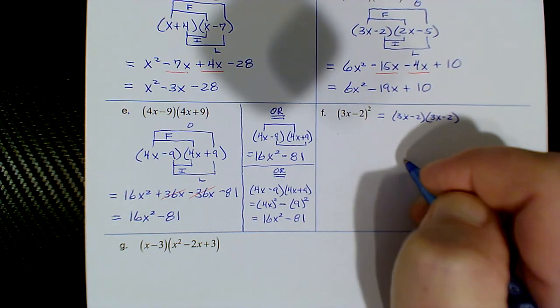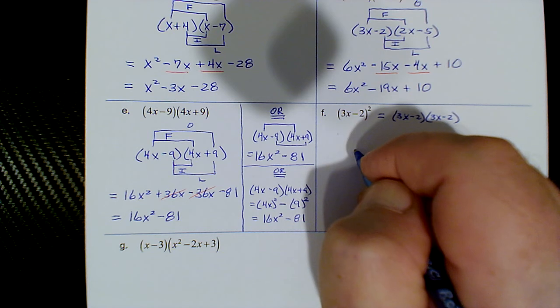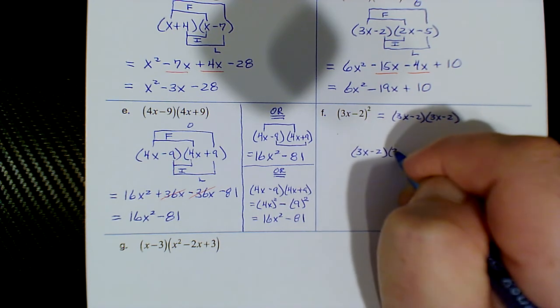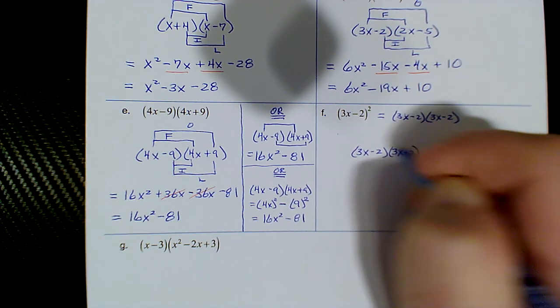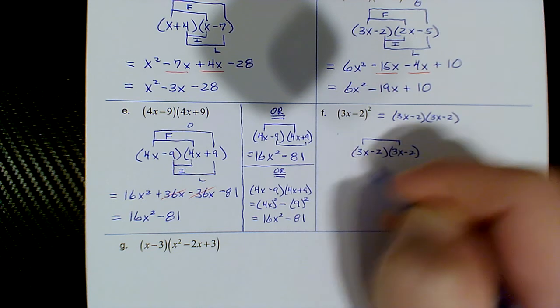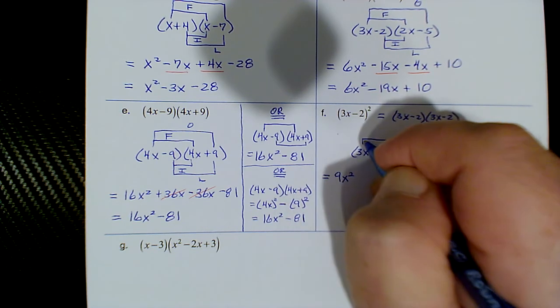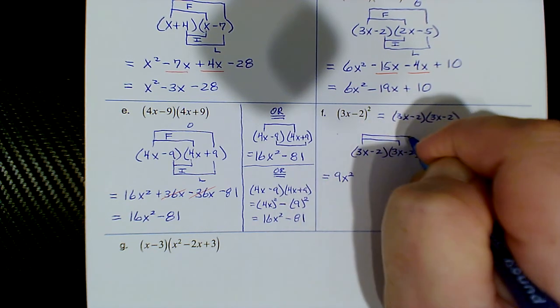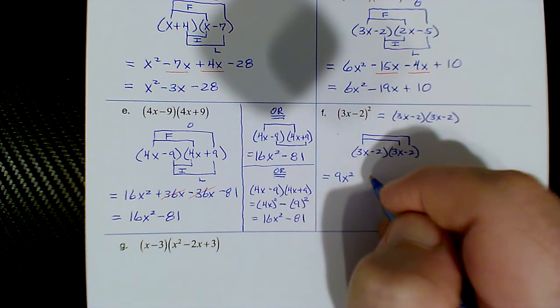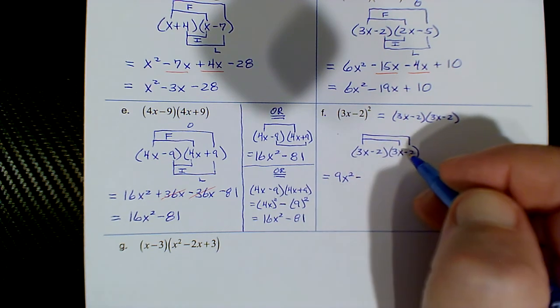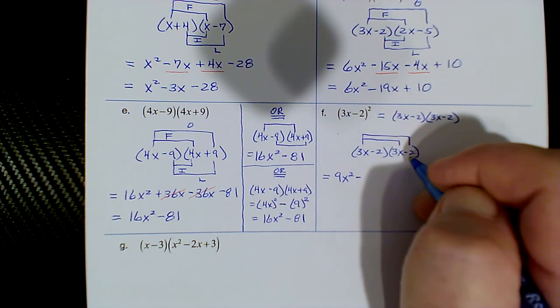So let me rewrite it here. 3x minus 2 times 3x minus 2, and we're just going to FOIL as normal. So we get 9x squared. I'm not going to put the letters in, I'll just do the distribution. 9x squared when we take 3x times 3x. 3x times negative 2, negative 6x.